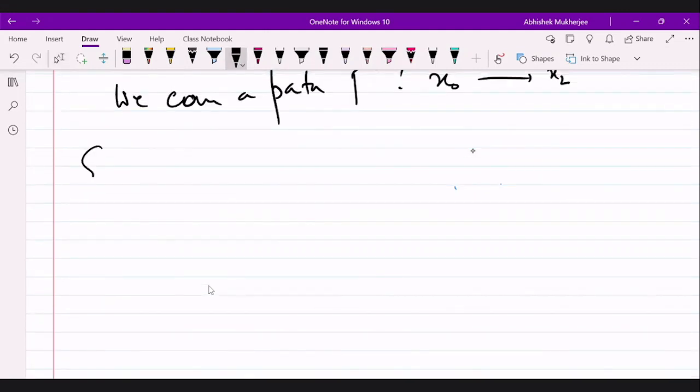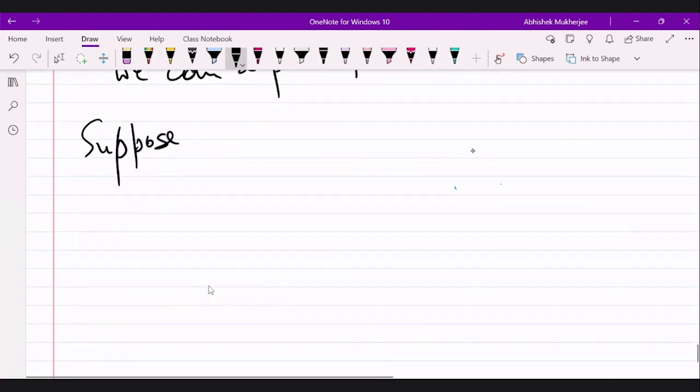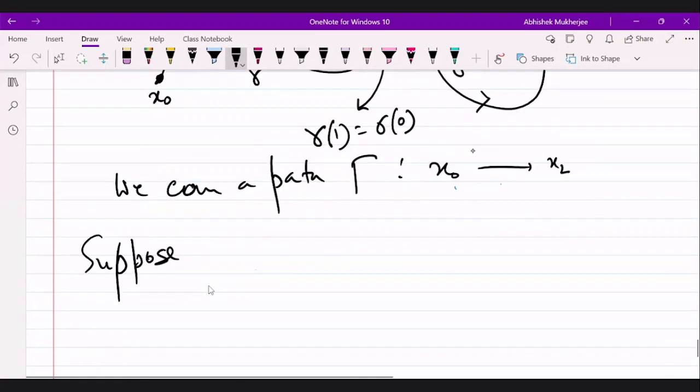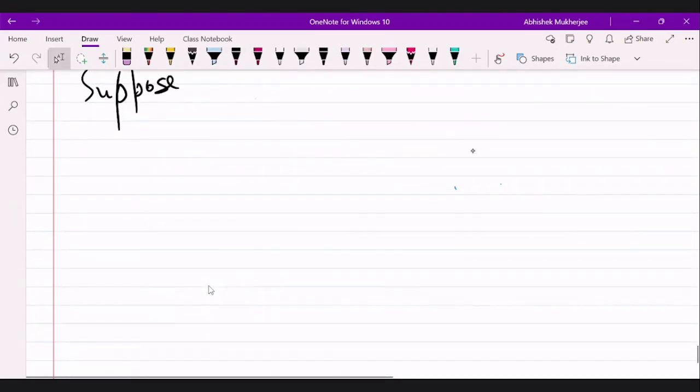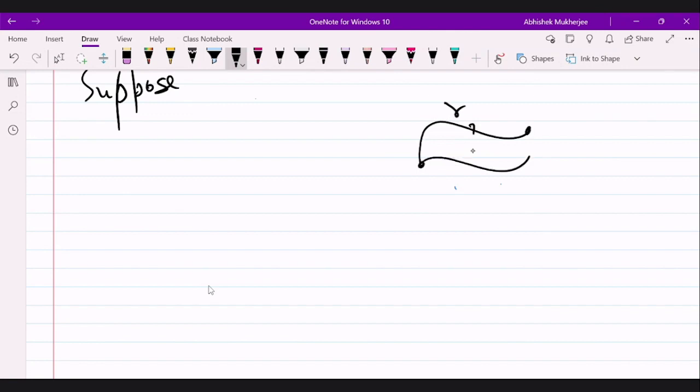Suppose we take two paths from x0 to x1. Okay, suppose we take, one is gamma, another one is gamma dashed, from x0 to x1.